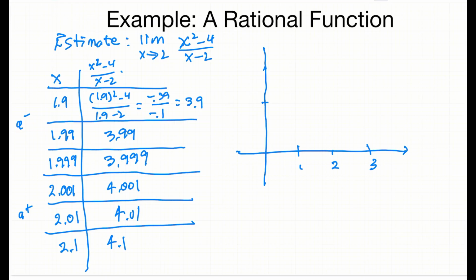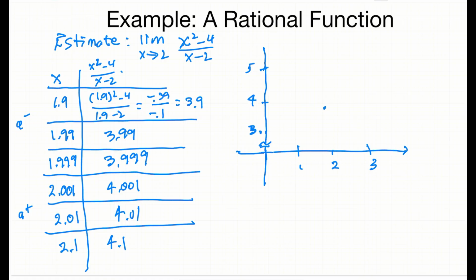We put a little break in our graph there so I can get the scale approximately correct. So there's 5. Our first point there is 1.9, so that's about right there, and we got 3.9, so that's about right there.